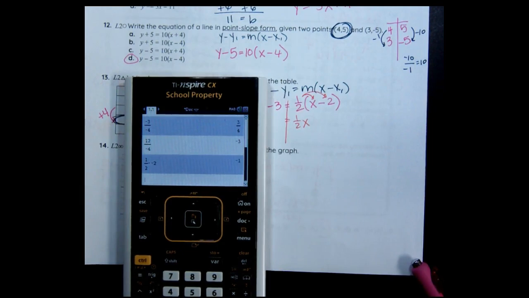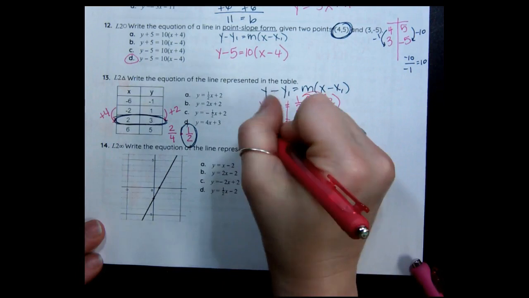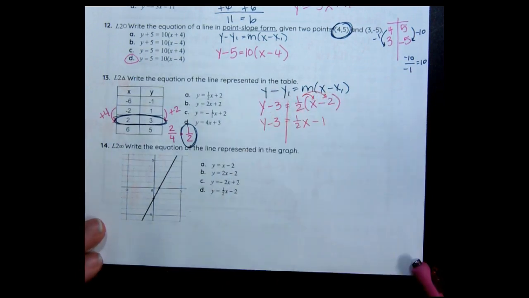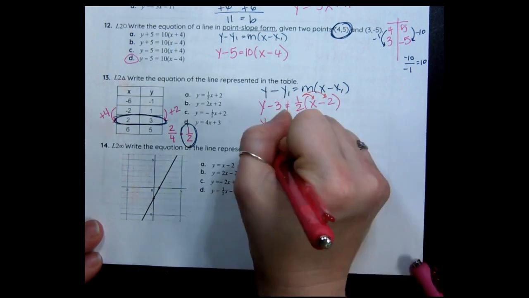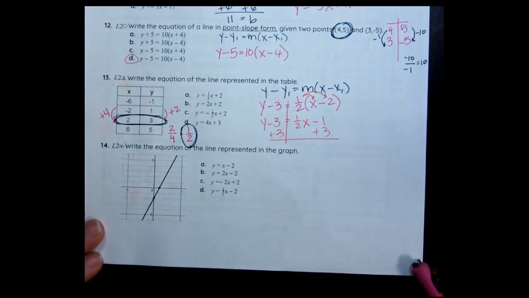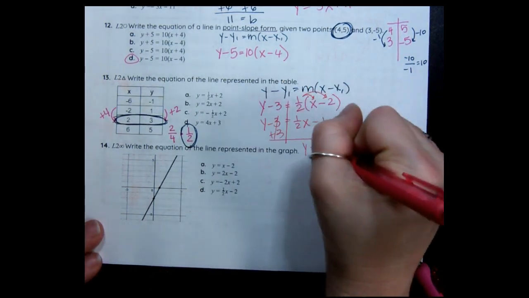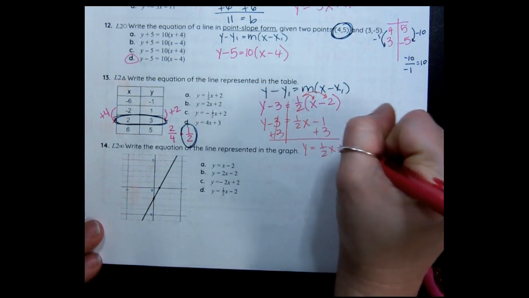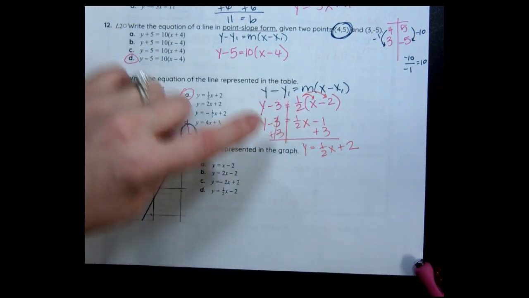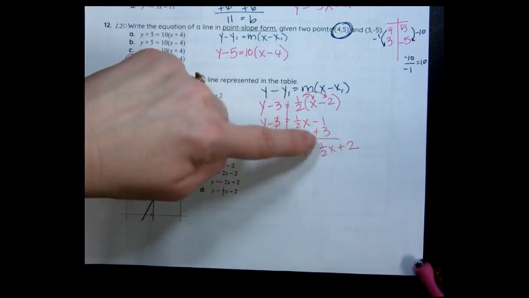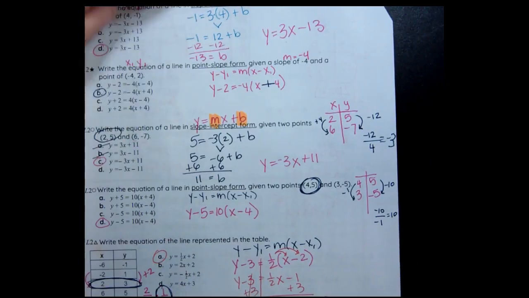Negative 1. And then I have y minus 3. All right, so then I add 3, and I add 3. So y equals 1/2 x plus 2, because negative 1 plus 3 is 2. Okay. So I could have done this on all of these problems.